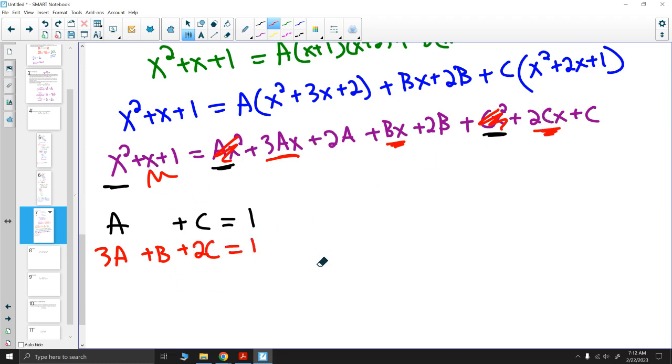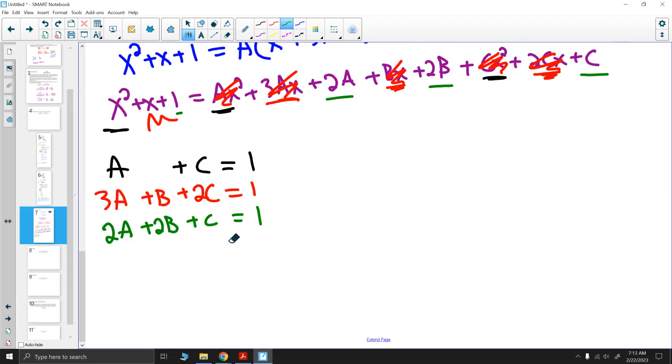So again, I'm not writing the x's here. All right, now I can get rid of these, and I can now focus on the constants here. All right, so that is 2a plus 2b plus c is equal to 1.